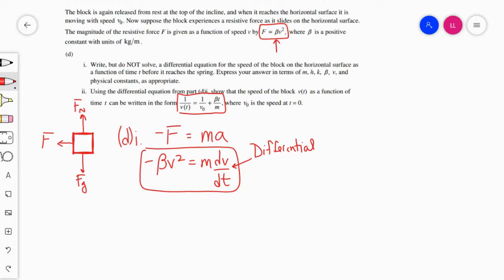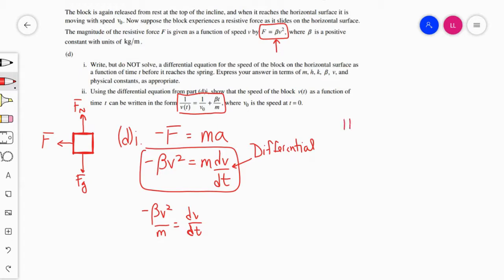The only other thing you would probably get credit for is if you divided by m, so this would be another version you would get points for. But that's neither here nor there, that's just setting up for the next one. You could stop after you get to negative beta v squared equals m dv dt.